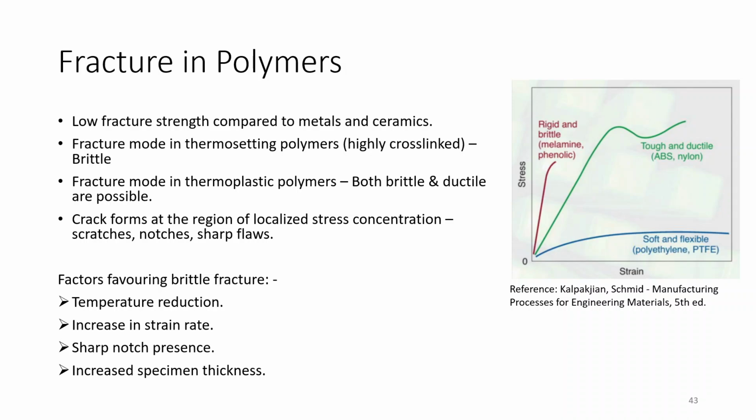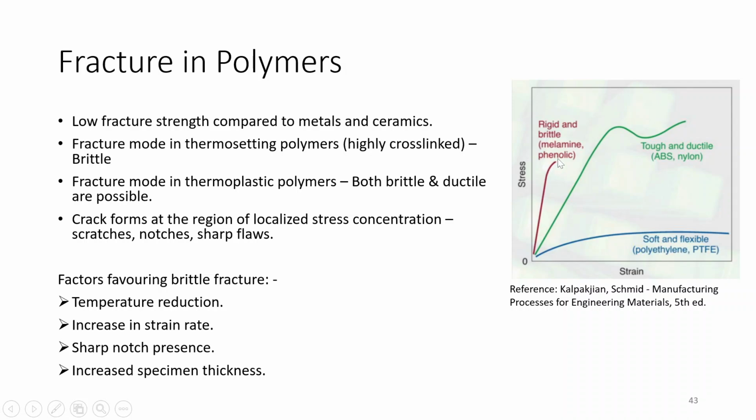So these are various curves for different types of polymers. If your material is very soft and flexible, such as polyethylene and PTFE, you will have this type of curve, which has very low strength but very high ductility. If your material is very brittle and doesn't have any ductility, then it will be rigid and brittle. This is melamine and phenolic.